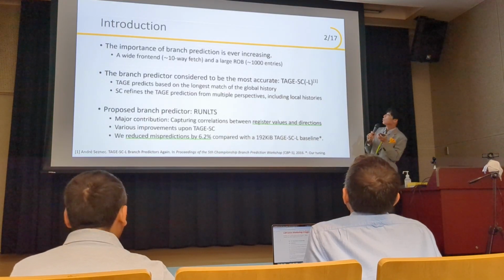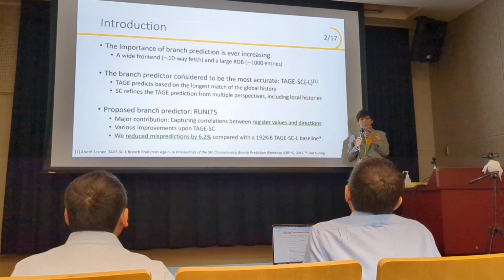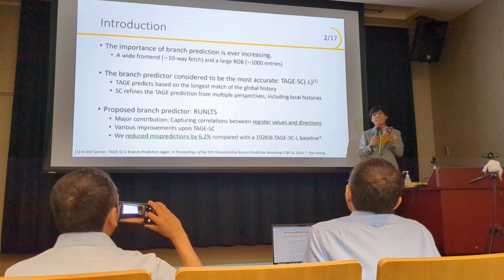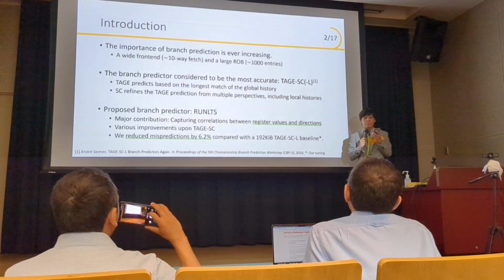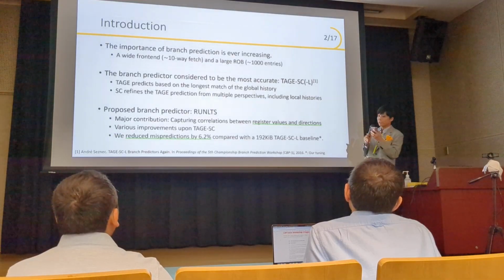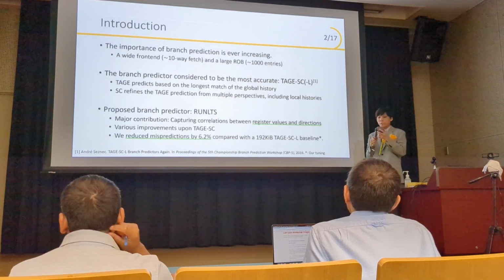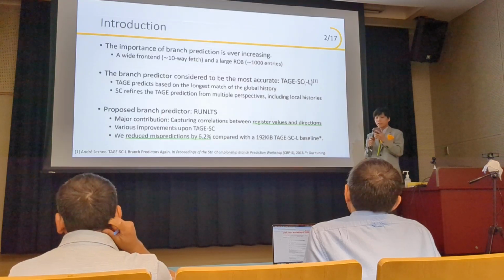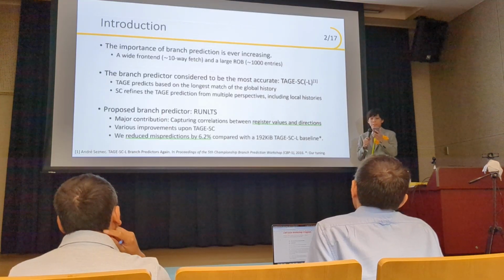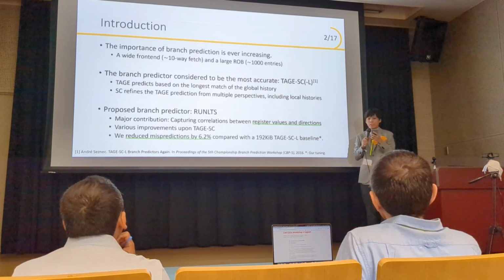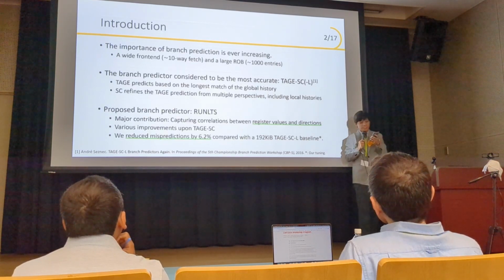Branch prediction remains the key bottleneck for modern out-of-order processors. As everyone here knows, the current state-of-the-art predictors are the TAGE or SC-L family. The TAGE predictor is based on the longest match of the global history, and the SC refines the TAGE prediction from multiple perspectives, including local history.